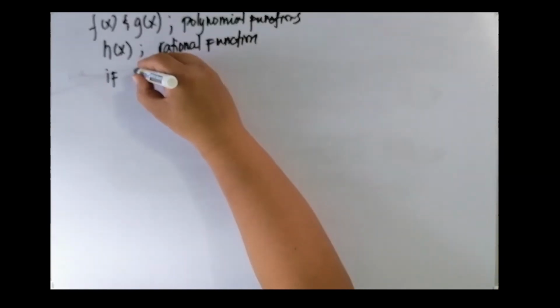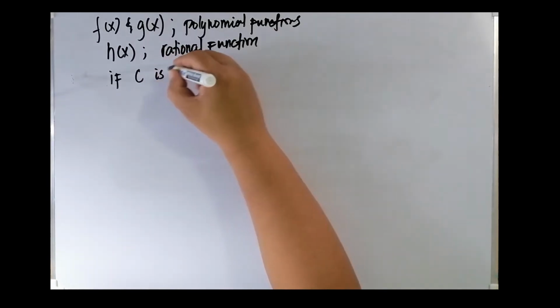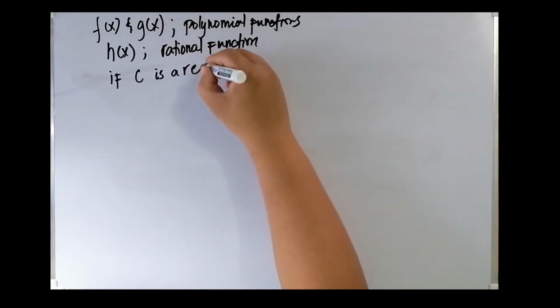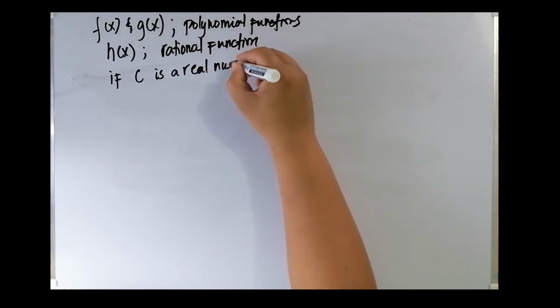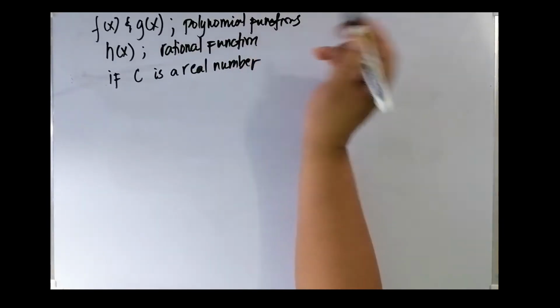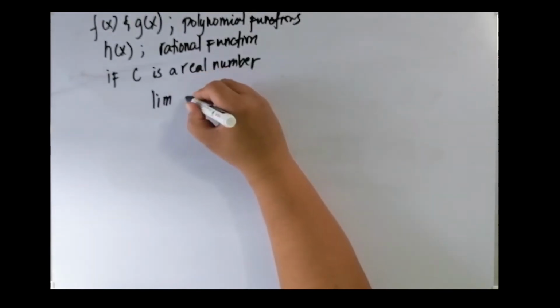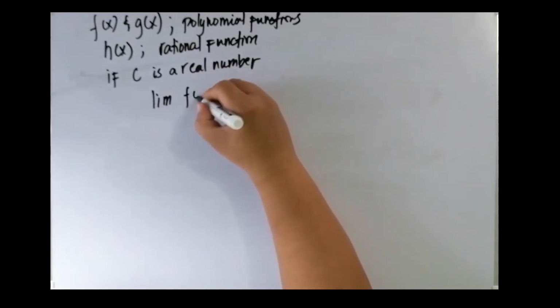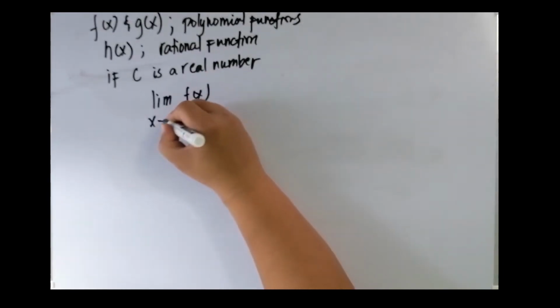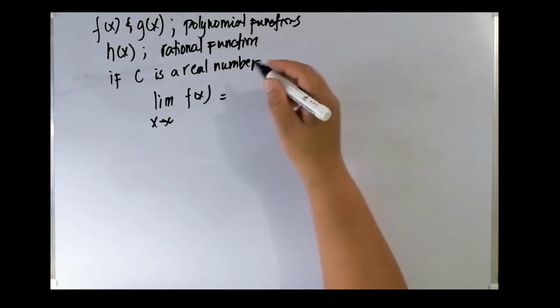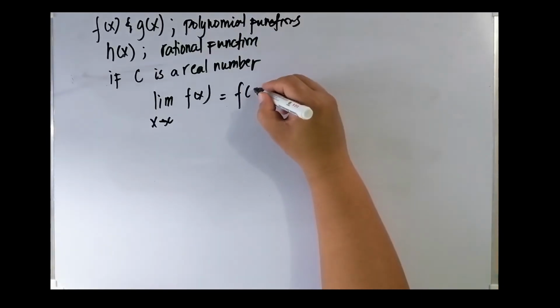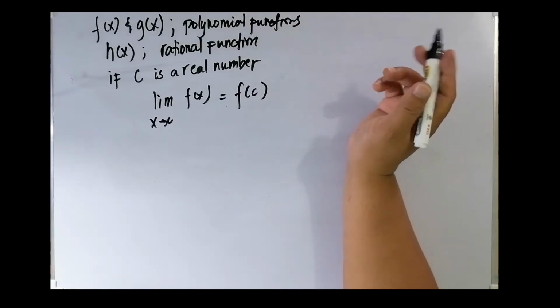If c is a real number, then the limit of f of x as x approaches c is equal to f of c.